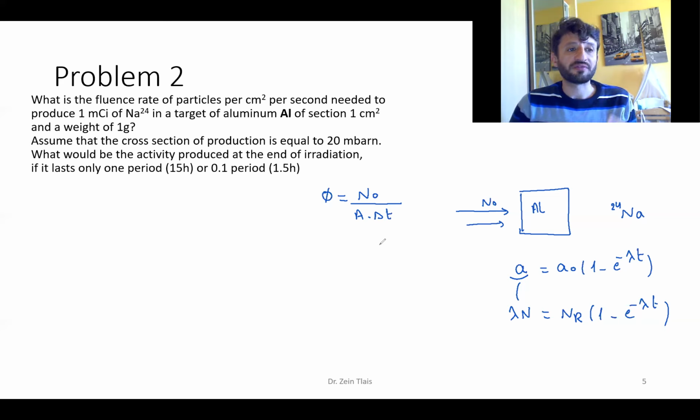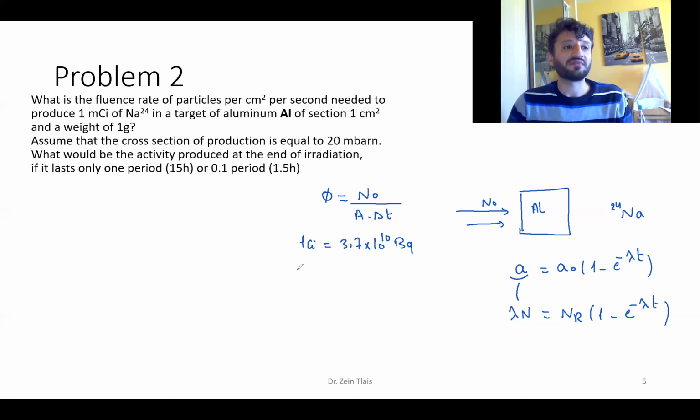First of all, we have 1 mCurie of Na24. When I say Curie, it means activity. You know, 1 Curie equals 3.7 times 10 power 10 Bq. You have to use the unit Bq, becquerel, for the activity.